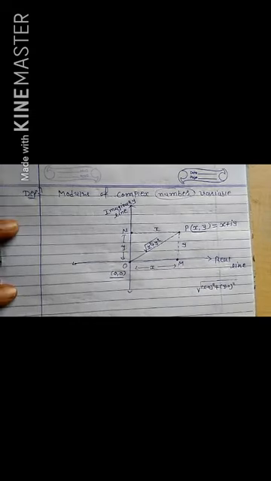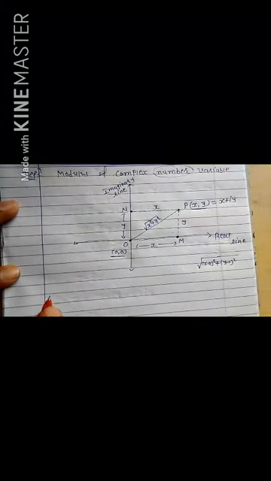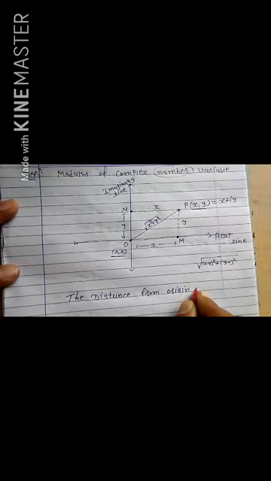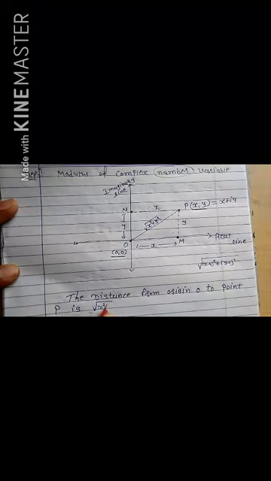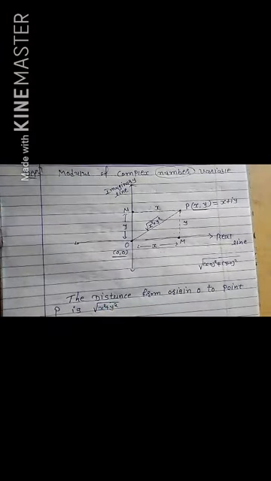Now write the definition. The distance from origin O to point P is the square root of x square plus y square.